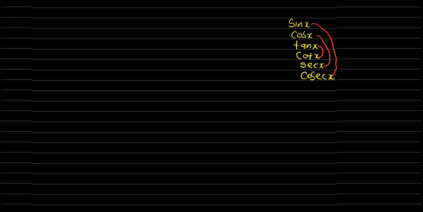So 1 over sine you get cosec, 1 over cos you get sec, 1 over tan you get cot, vice versa. So that's how we'll be mastering them. Make sure that you actually understand this part. It's very important when we'll be summarizing some of these things.